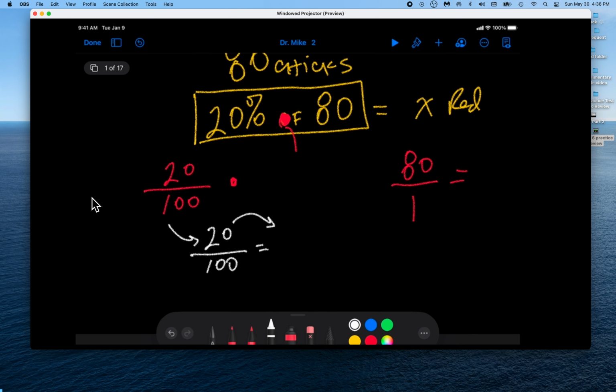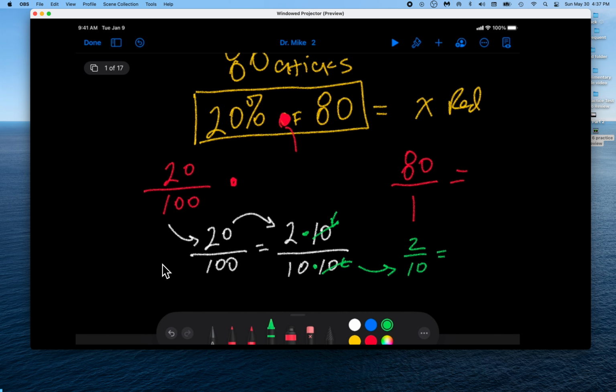So I break this down into 2 times 10. Then I ask myself, are either of these two factors present in the larger number? And the answer is yes, 10. 100 can be rewritten as 10 times 10. Now, because you have the same number in the top and the bottom with multiplication signs, you are allowed to cancel these 10s. So this now gets reduced to 2 over 10.